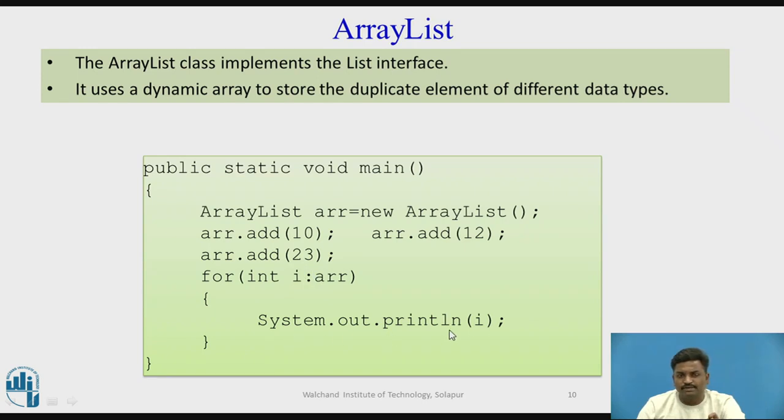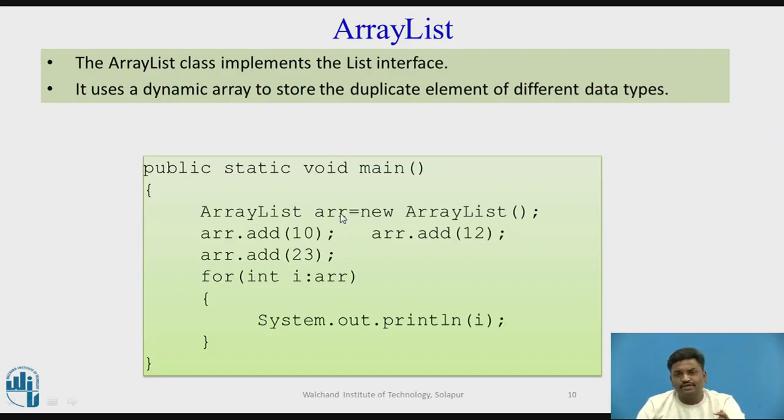System.out.println(i). What i is going to do here is print all the elements in arr. This loop is going to run incrementally until all the elements are displayed from arr. That is the for each loop. I can even do it using a for loop also, but just to make you learn more concepts, I am using the for each loop here. Fine. So that's it about ArrayList.